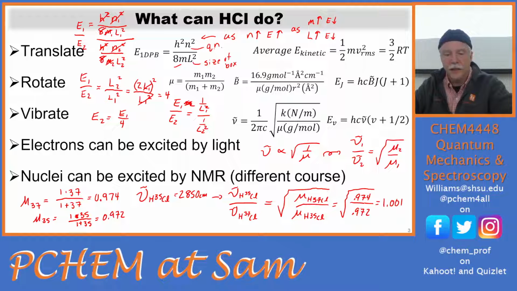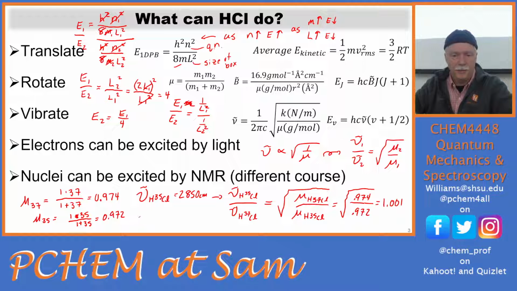And so this is saying that the HCl 35 frequency should be about 1 part per thousand higher than HCl 37. So let's rearrange this.